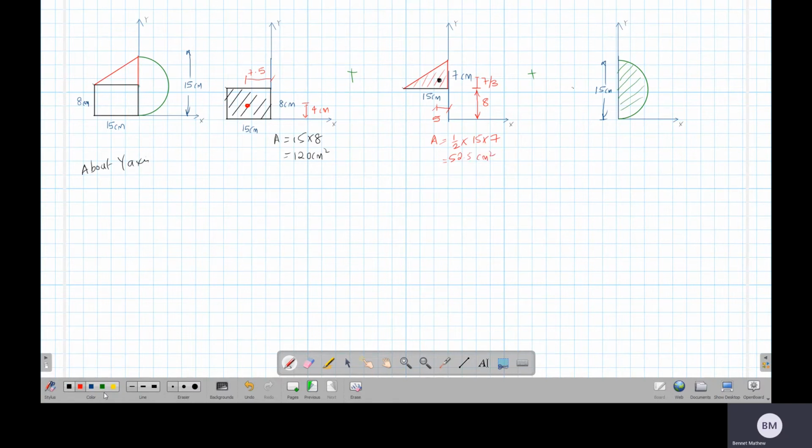Now for this semicircle, the area will be half pi r square. R is 7.5, so half times pi times 7.5 square. This comes out to be 88.35 centimeters square.